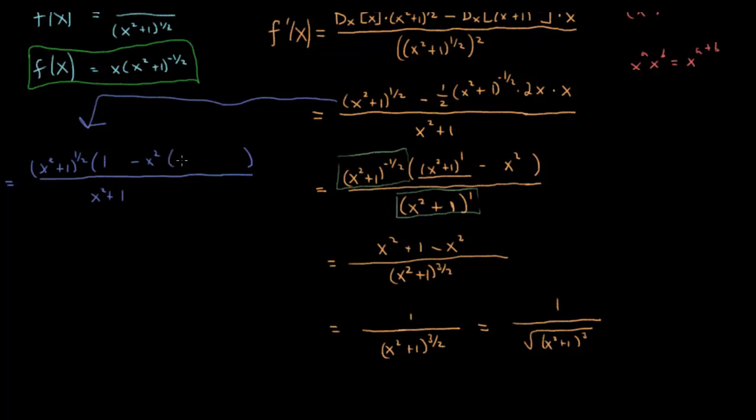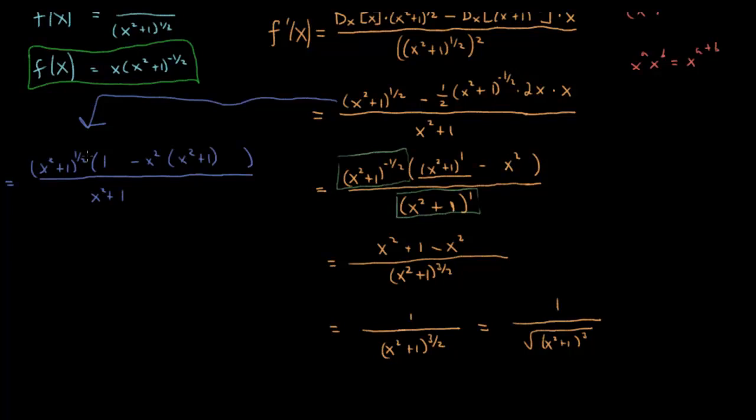Now the question is, x squared plus 1 raised to what power? Now, we need to think about the power here as if we were going to distribute. Like if we were going to distribute this to get this original numerator back, what power would need to go there? Well, I have a 1/2 power here. I would need a negative 1/2 power to get there eventually.